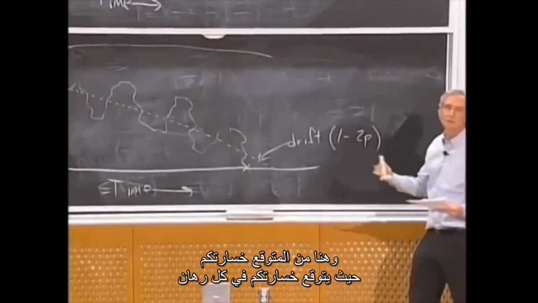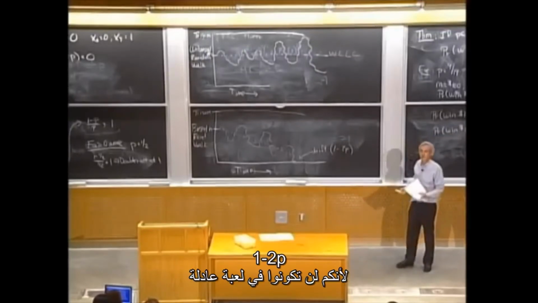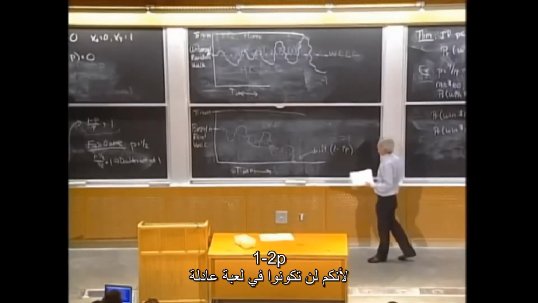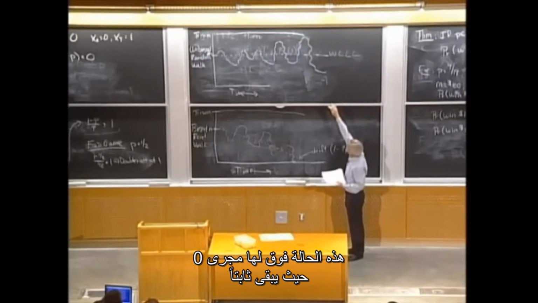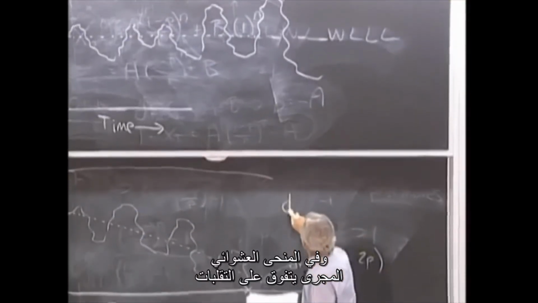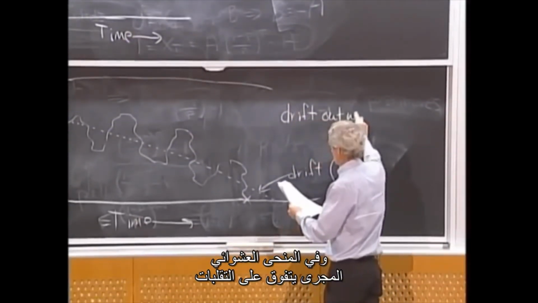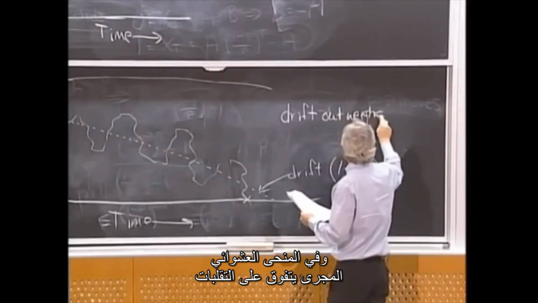That's what you expect to lose. If you did the expected loss on each bet, 1 minus 2p, because you're not going to be a fair game. This one has 0 drift up there. It stays steady. And in random walks, drift outweighs the swings.